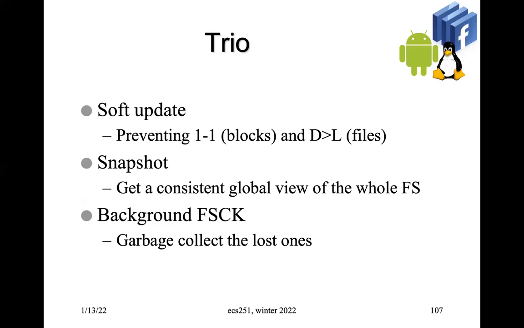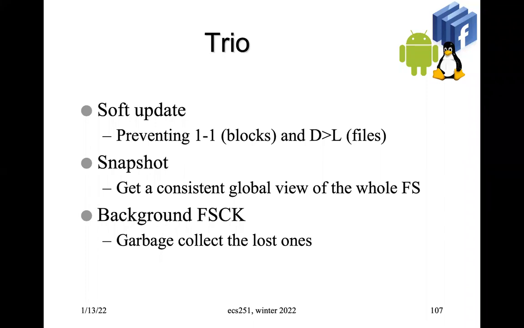The idea of background FSCK is that you take a snapshot while you're using the file system, and I run the FSCK against the snapshot whenever the CPU has any cycle to do that.